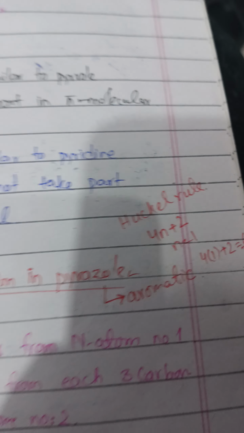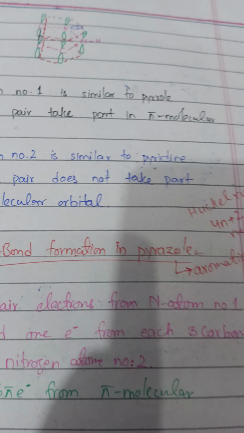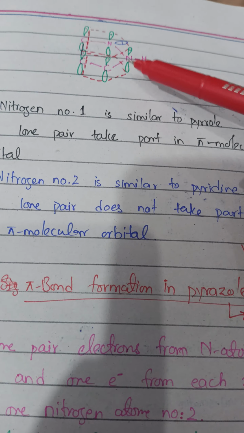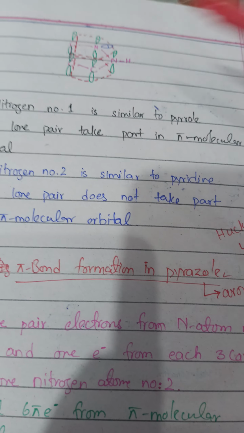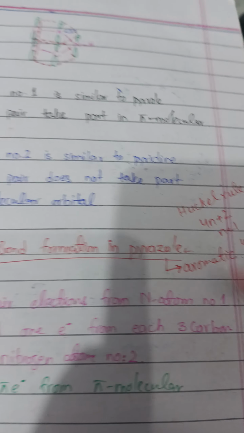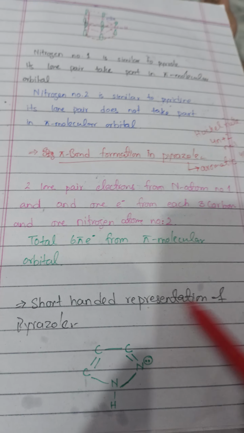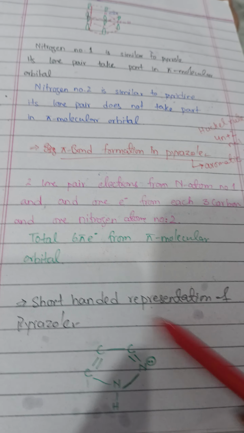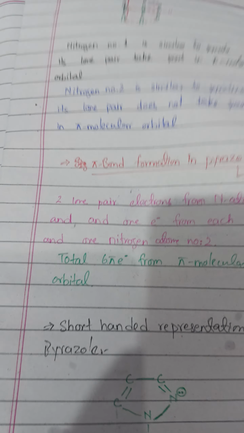So we see that a molecule with 6 pi electrons could be aromatic. In pyrazole we have 6 pi electrons, so we can consider it aromatic because it obeys Huckel's rule. So total 6 pi electrons form the pi molecular orbital. A shorthand representation of pyrazole can be drawn like this structure. Now we move on to the next.